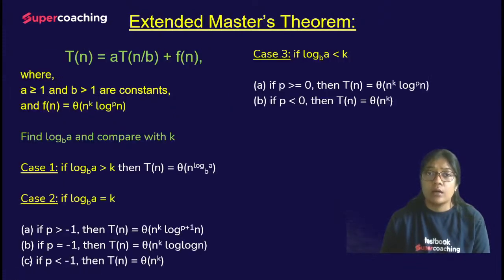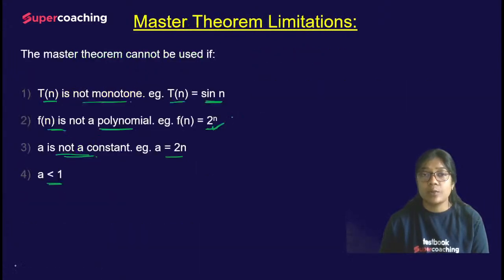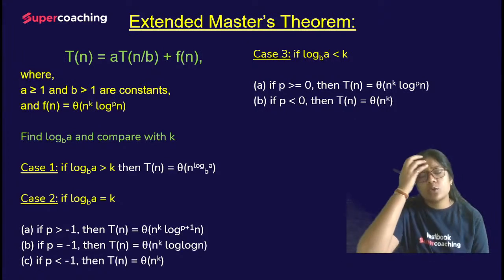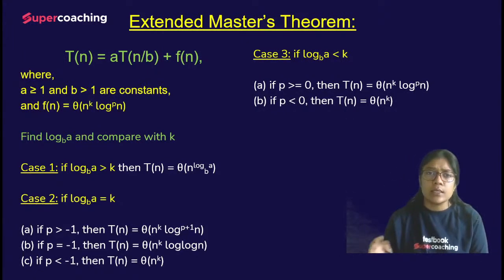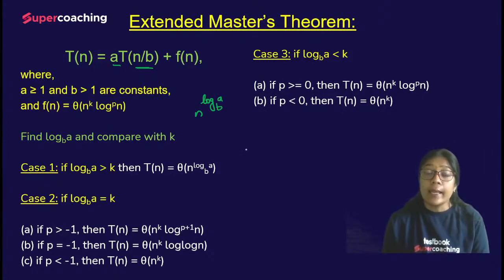So next is extended Master's theorem. If we simply talk about Master's theorem, we are just comparing the function like a polynomial function. Even we are not considering the log term in f of n. So extended Master's theorem is going to cover some more cases. Basic is the same: a, n raised to power b. We have to find out the value of n raised to power log a with base b. That is all fine. We were comparing with n raised to power k.